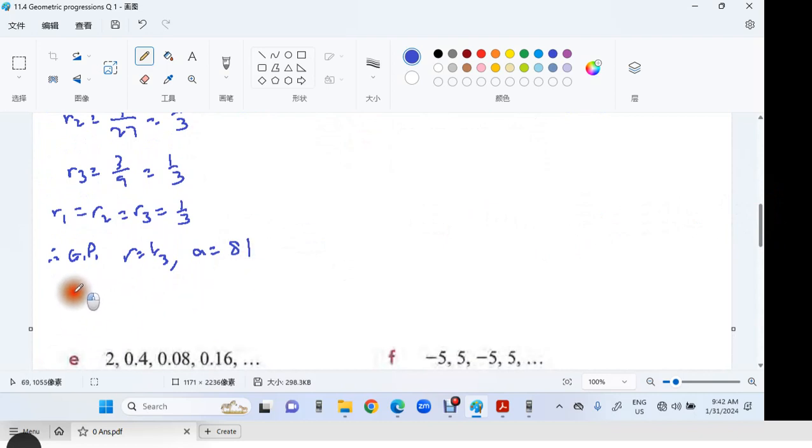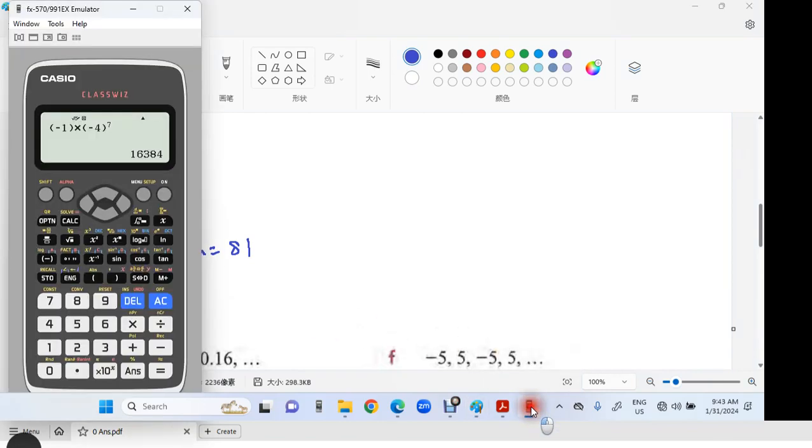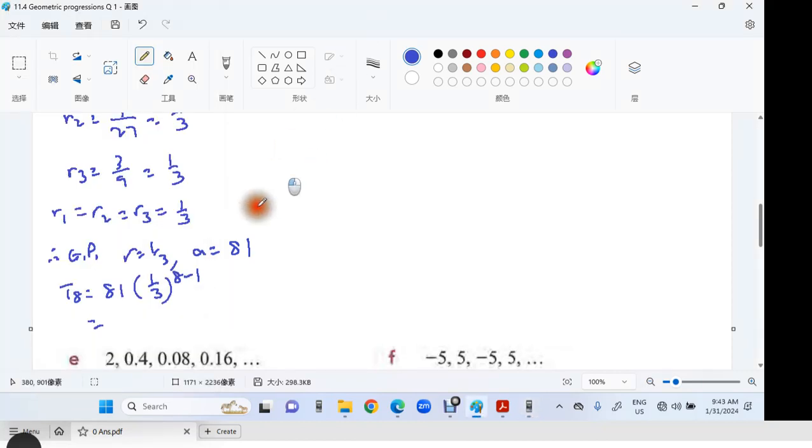Okay, so we want to find the 8th term, the 81, 1 over 3, power 8 minus 1. So we have the 81 multiplied by 1 over 3 to the power of 7. So it will be 1 over 27.